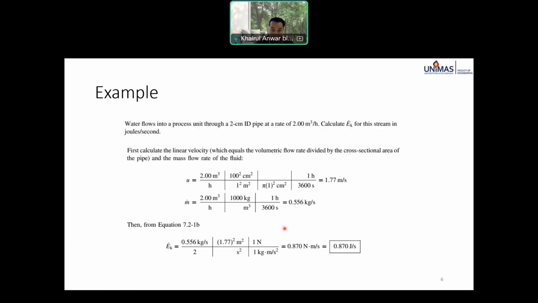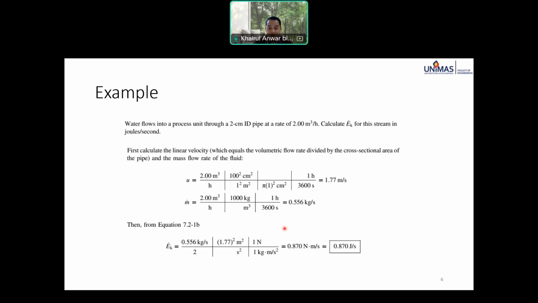Example 7.2-1, page 359. Water flows into a process unit through a 2 centimeter ID pipe at the rate of 2 meter cube per hour. Calculate EK of the stream in joules per second.